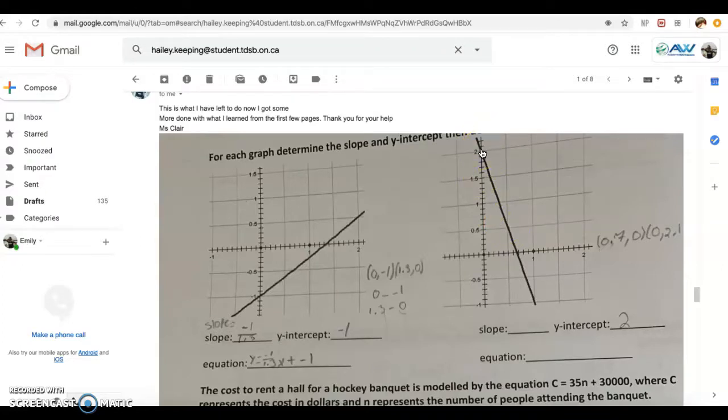I really think most of the examples I've given you, this counting grid square strategy works as long as the scales on both axes are the same. So I really do think you can just count grid squares to figure out the slope here. You're going down 1, 2, 3 grid squares, and then you're going over 1.